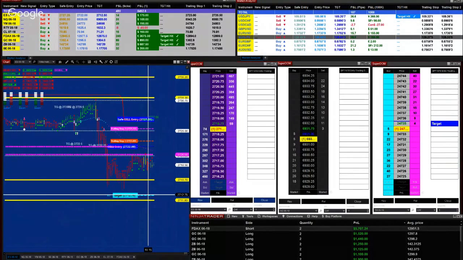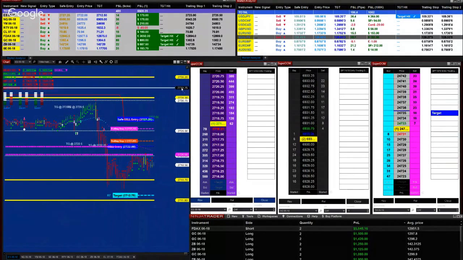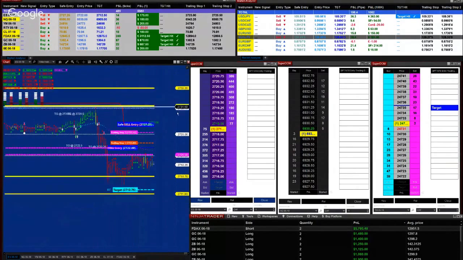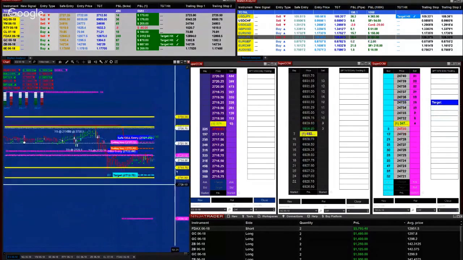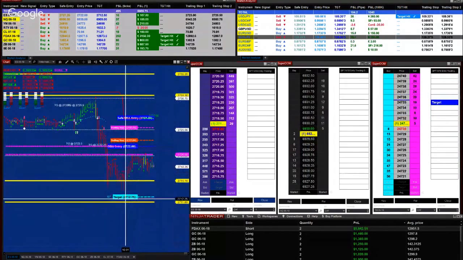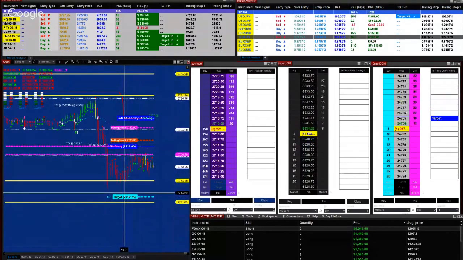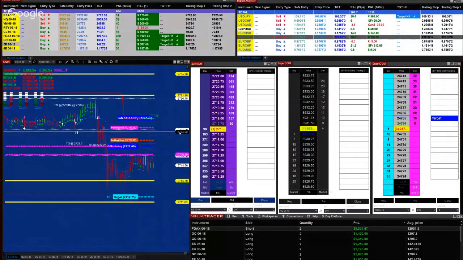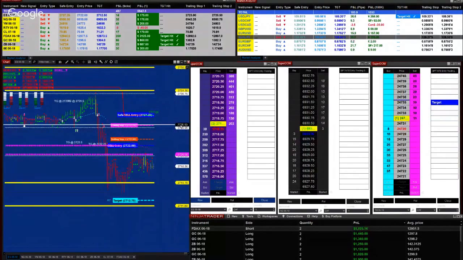So this is a short trade, but the entry was at a long. The sell entry was at 22 level, and we hit 27.12. So this is a very good, nice trade, actually.